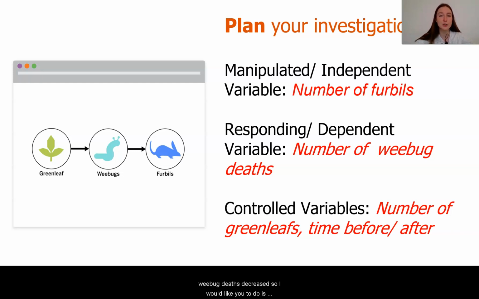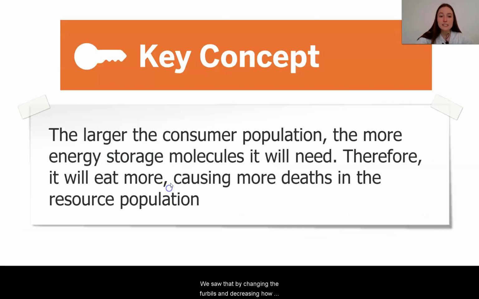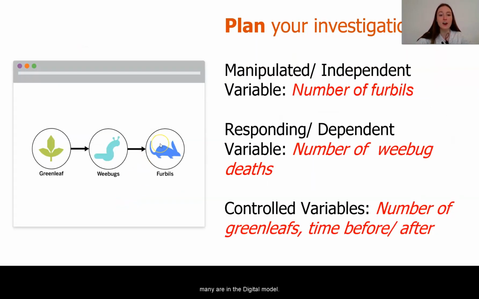So what I would like you to do is pause your video for a moment. Find that person in your house or get on your chat or your text and find that friend and figure out why you think this is happening. We saw that by changing the furballs and decreasing how many are in the digital model, we affect the number of deaths that the weebugs are having.